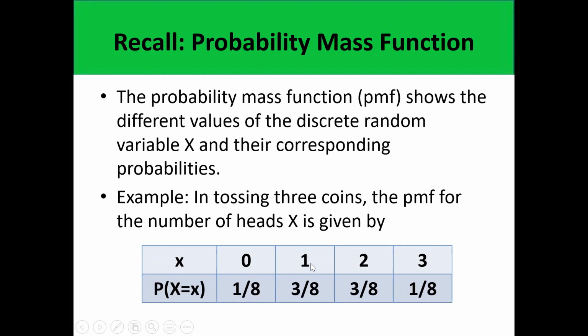If the toss contains exactly one head, then the probability is 3/8. If the toss contains exactly two heads, the probability is 3/8. While if the toss contains exactly three heads, then the probability is 1/8. You learned from the previous chapter that if you get the total of these probabilities, the total will always be equal to 1.